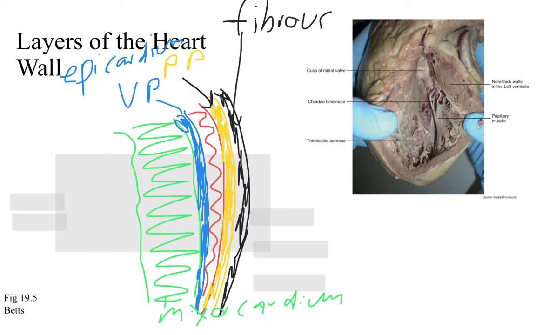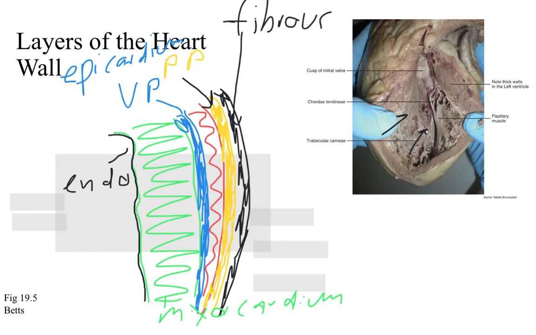And then finally, on the very inside, very thin layer attached to the inside of the myocardium. And it's what gives the heart, you can see here, that very shiny appearance. That is going to be the endocardium. All right, endo meaning inside.